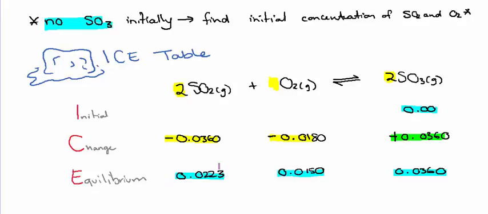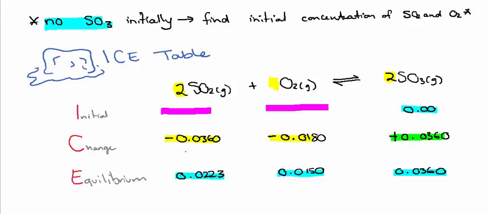Lastly, if we know what our equilibrium concentration is and we know what our change is, we can calculate our initial concentrations. Going from our initial to our equilibrium, the change, we've gone down. So going back from our equilibrium to our initial, we want to add this number on here.